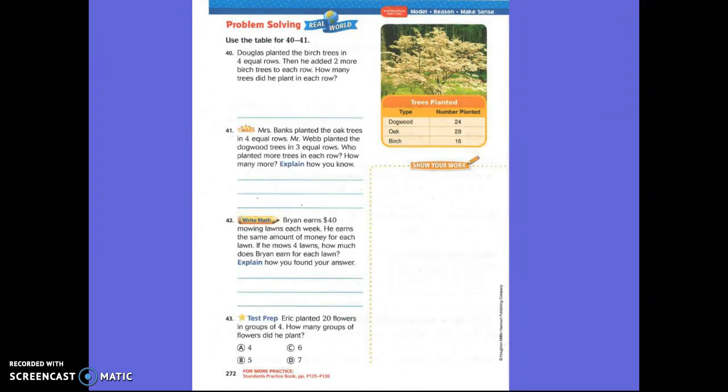Alright, read number 40. Douglas planted the birch trees in 4 equal rows. Then he added 2 more birch trees to each row. How many trees did he plant in each row? Okay, you guys are going to tell me how to work this out. Okay, so we went and we looked at the birch tree.